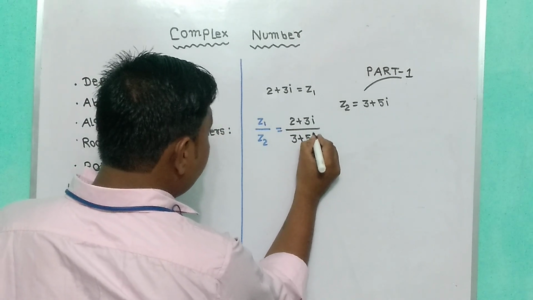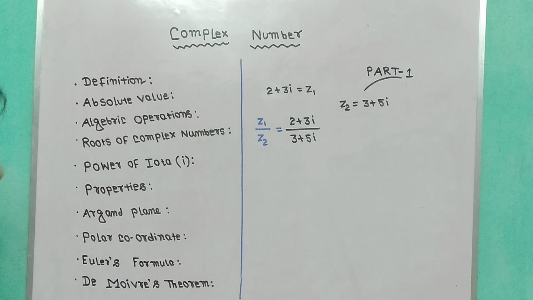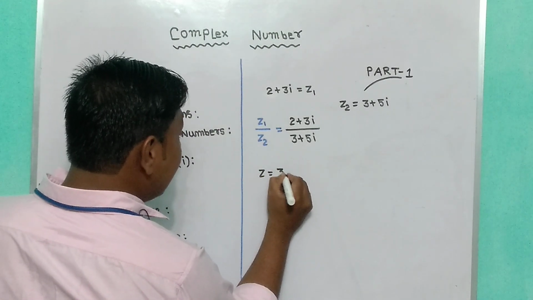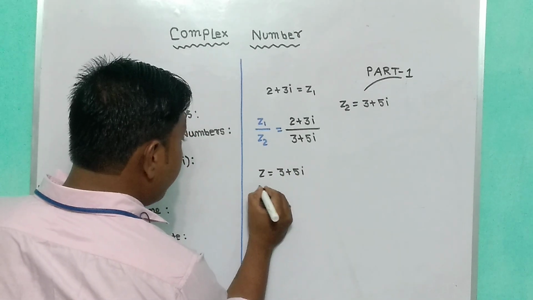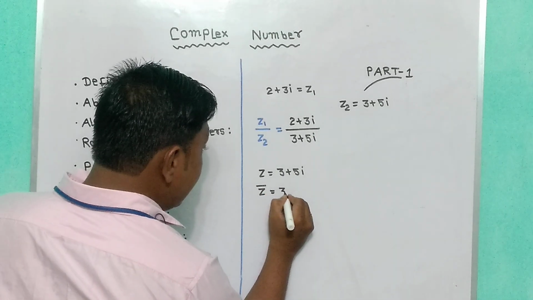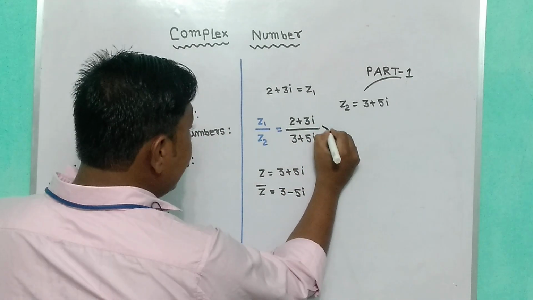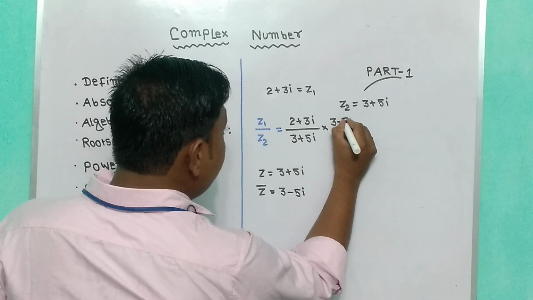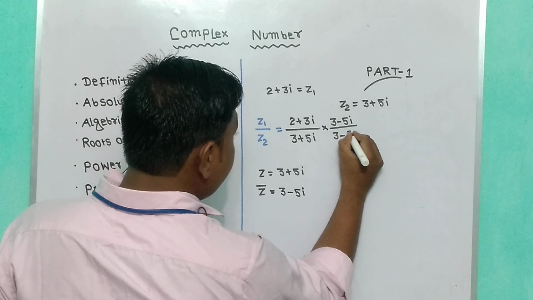So here 3 plus 5i, its conjugate is 3 minus 5i. Suppose I am writing one complex number like that, 3 plus 5i. So its conjugate, z bar, it is denoted by conjugate of z, equals 3 minus 5i. So here we multiply by its conjugate, numerator and denominator. So 3 minus 5i divided by 3 minus 5i.